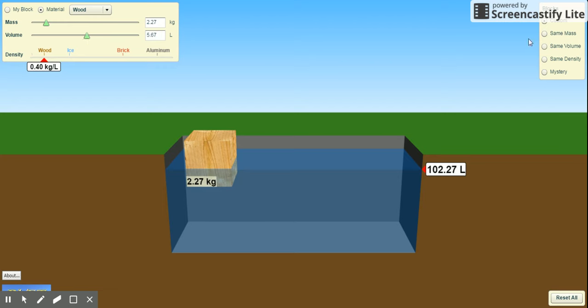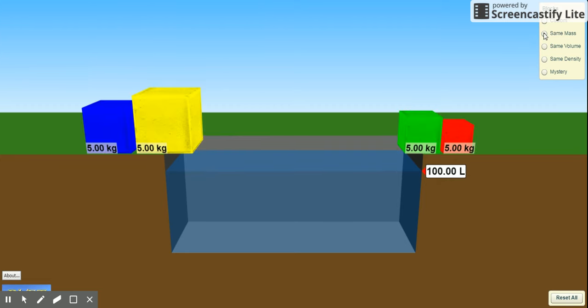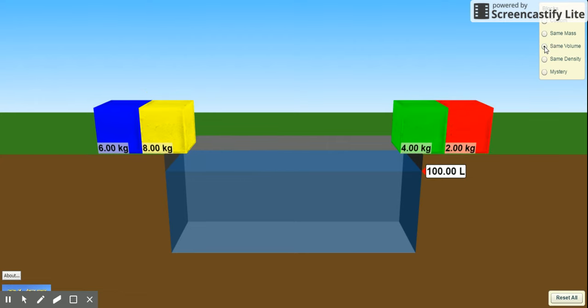Over here is kind of cool, and I want you to experiment as well. You can adjust it so you have 4 different blocks, all the same mass. Or you can have 4 different blocks with all the same volume, but notice that the mass is different. They're all the same size.